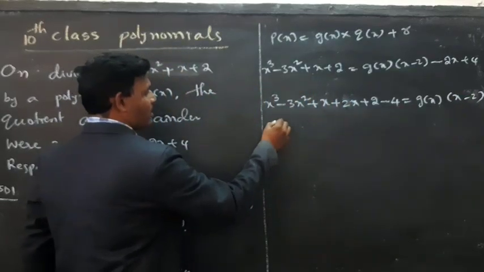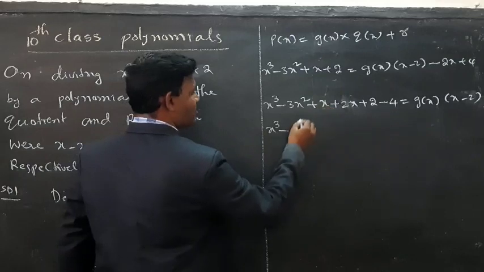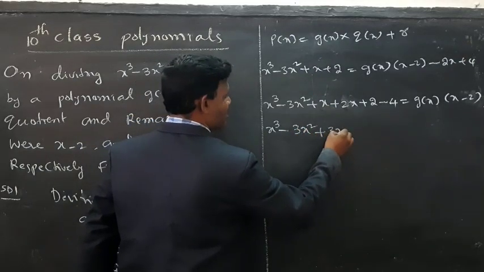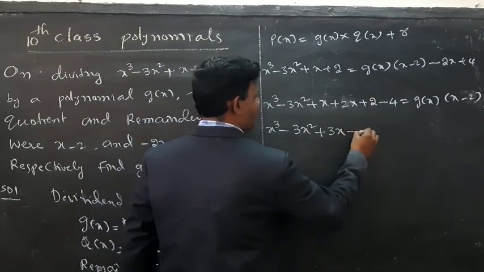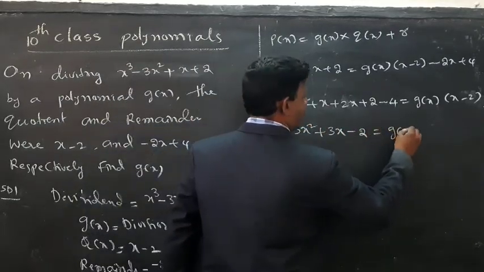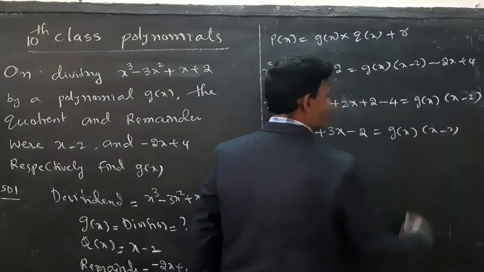Now x cube minus 3x square plus x plus 2x we can add as 3x, plus 2 minus 4 we can add as minus 2, is equal to g of x into x minus 2.